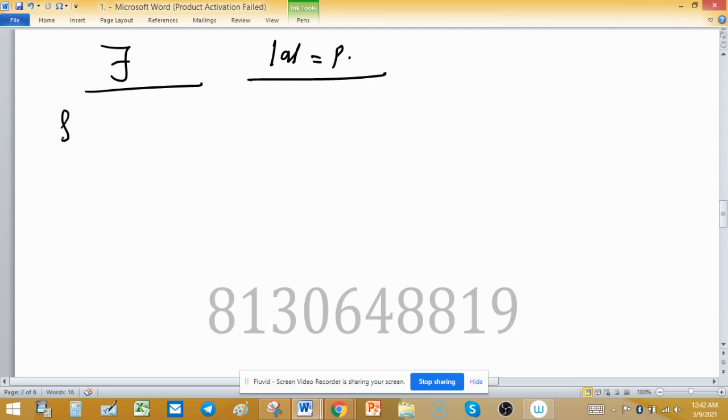Now come to the Sylow theorem. Sylow third theorem is commonly used in dealing with questions of group theory.